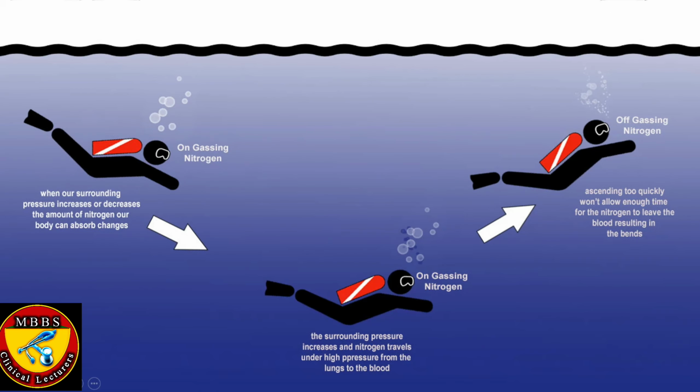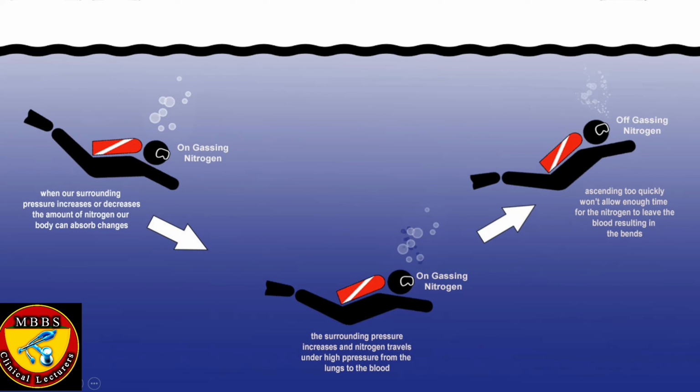So you can see when our surrounding pressure increases or decreases, the amount of nitrogen our body can absorb changes. So this deep sea diver is there in the water. The surrounding pressure increases and nitrogen travels under high pressure from the lungs to the blood. Now this diver ascends too quickly above the sea. So here what will happen? Ascending too quickly won't allow enough time for the nitrogen to leave the blood, resulting in bends.